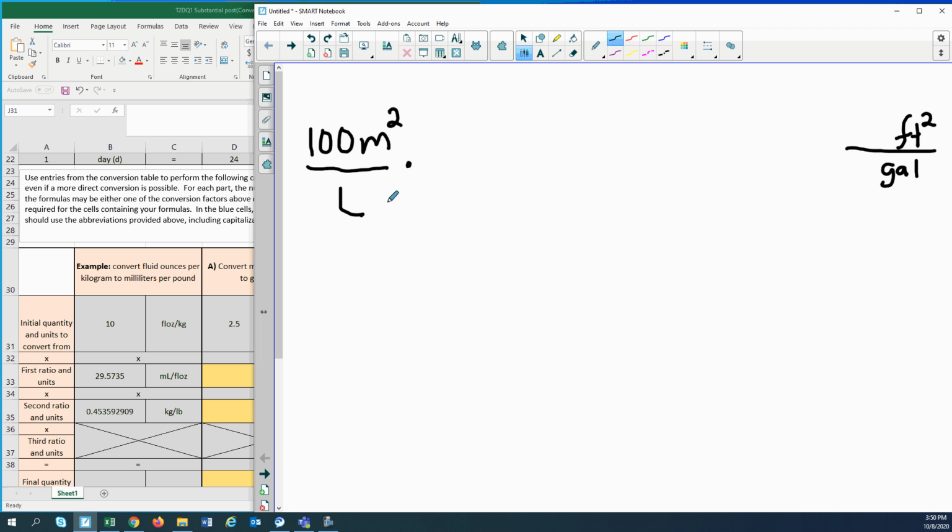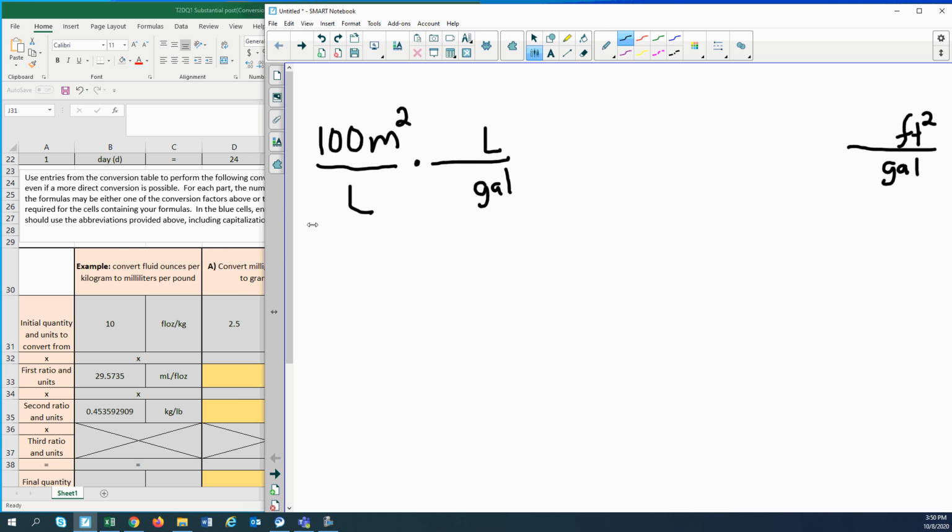So let's see if we have a liters and gallons conversion that we can use. What we would hope for is that we do have one. We'd put the liters on top, we'd put the gallons on bottom. This would allow us to reduce the units of liter and leave us with gallons on the bottom for our final answer. So let's go back to our table and see if we have a liters to gallons.